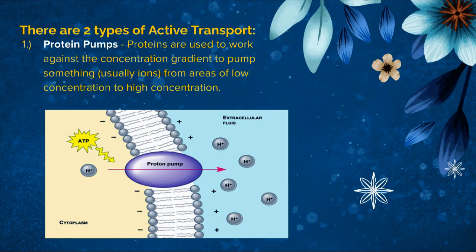The ion that we are looking at is hydrogen, and it's going to take that hydrogen and move it from an area of low concentration to that area of high concentration where all the other hydrogens are. And that requires energy. And you can see that energy, which is ATP. ATP is what is energy in the cell.